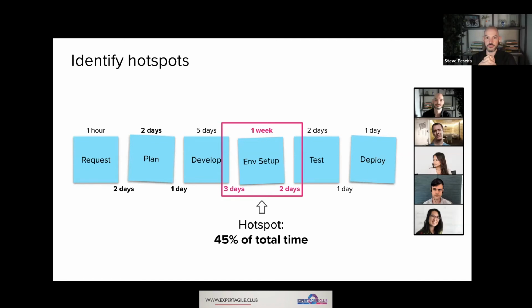Some of these things take a lot of time, but they're not highlighted, like development, because time that you spend on development isn't necessarily time wasted. It could be, but I wouldn't necessarily highlight it as a hotspot just because it takes a significant amount of time.